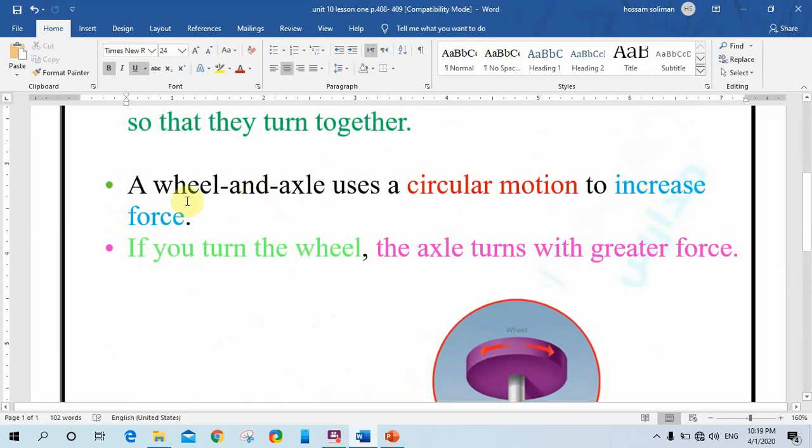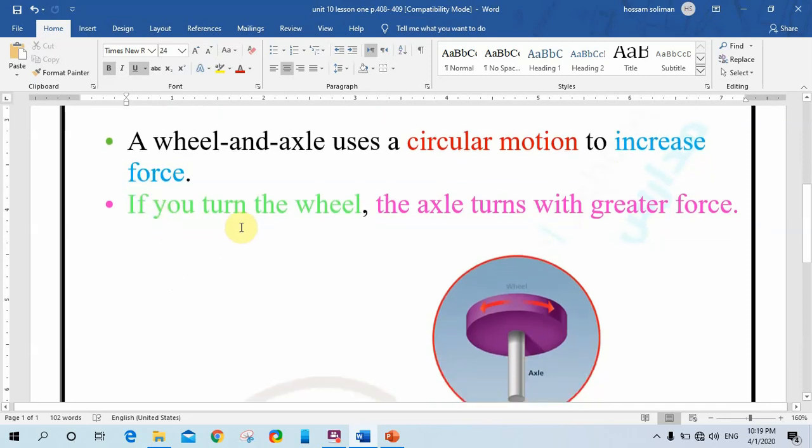A wheel and axle uses a circular motion to increase the force. If you turn the wheel, the axle turns with greater force.